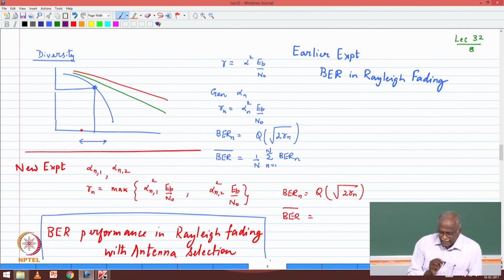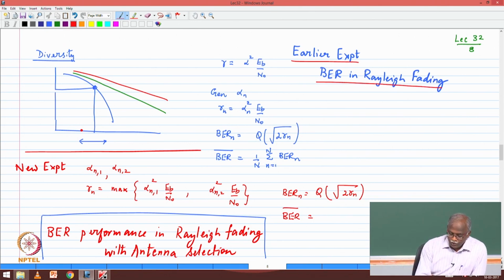Okay. The last point where we ended last lecture was a notion of diversity. The first experiment that we had done as a computer experiment was to look at the effect on BER in Rayleigh fading. You took the AWGN graph, generated a Rayleigh coefficient, which then perturbed the instantaneous SNR.